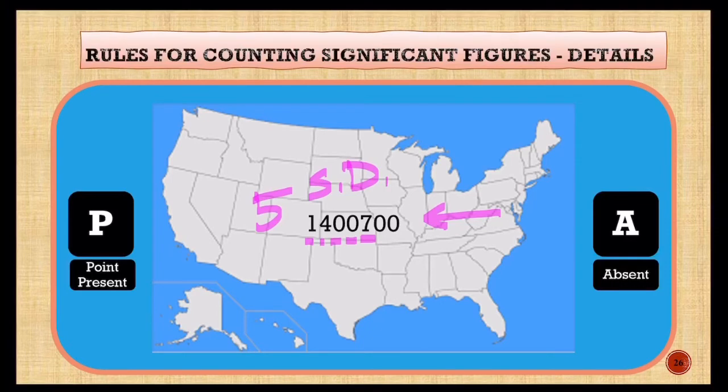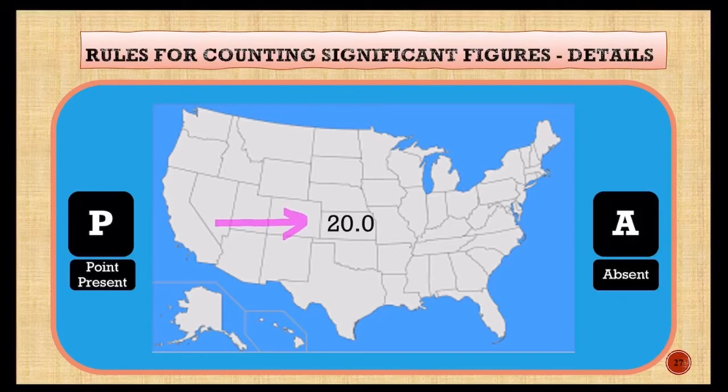Let's look at the next problem, 20.0. This time we have a decimal point, so we'll begin counting from the Pacific side. You start counting at the first non-zero number, which is 2. And once you start counting, you count till the end. So that is a total of 3 significant digits.